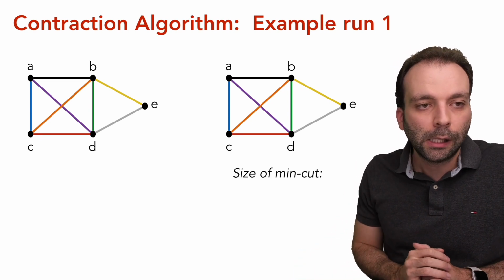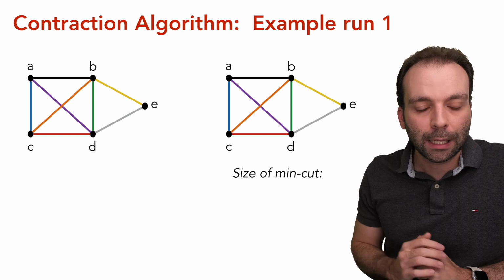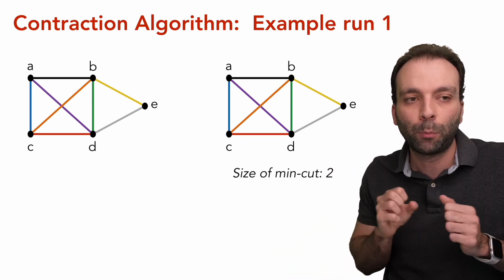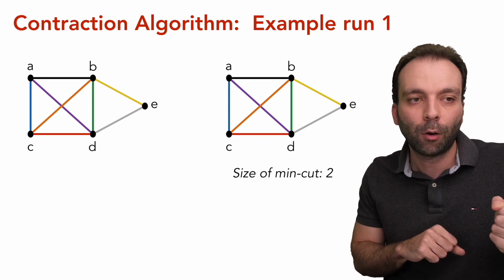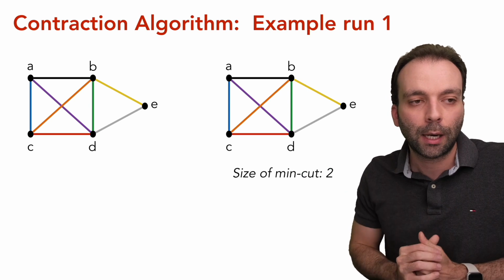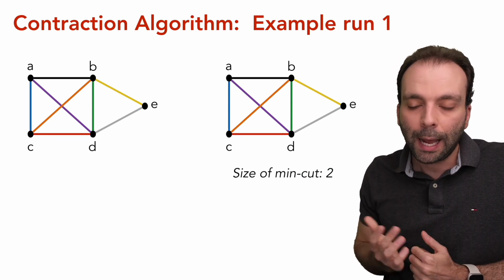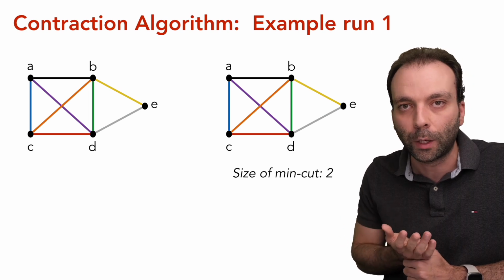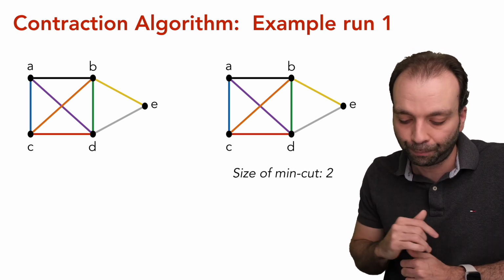You'll see that the size of the min cut is 2. You can put the vertex E on one side and every other vertex on the other side, so you get a cut of size 2. By inspection, you can also see that you can't get a cut of size 1 in this graph. So the min cut value is 2.